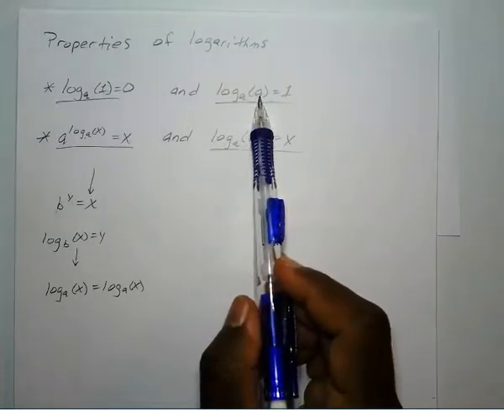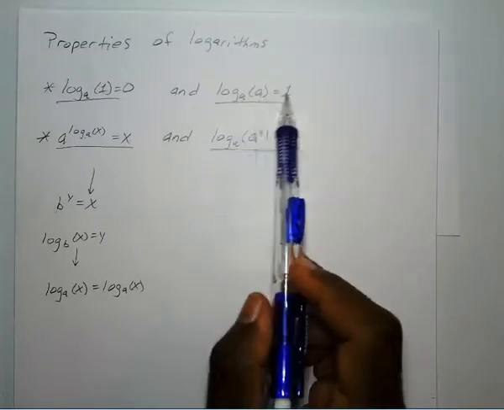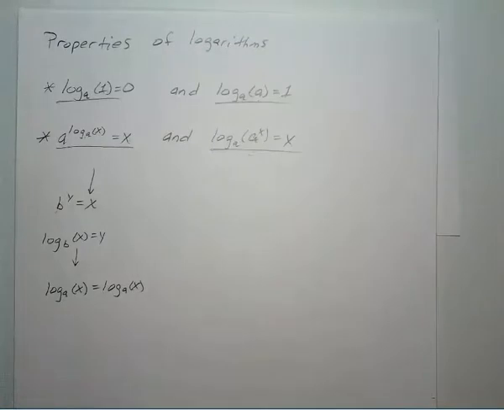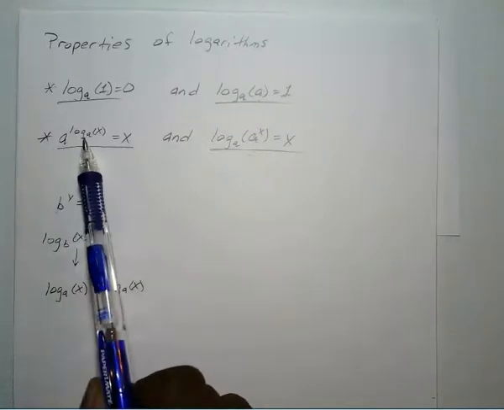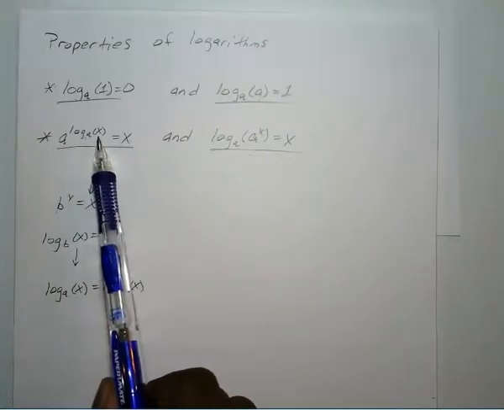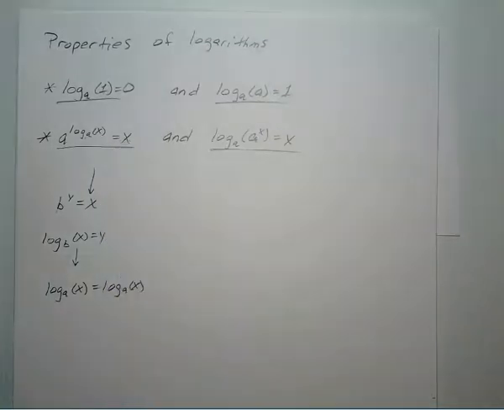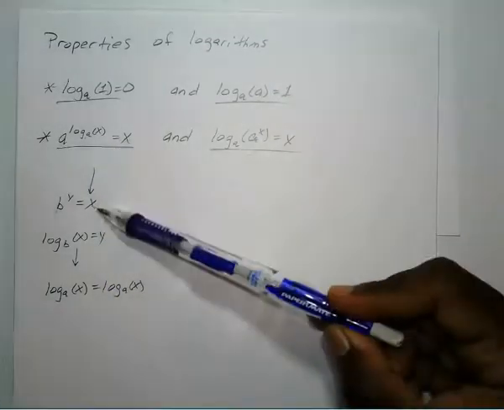Log base a of a equals 1, or a to the power of 1 equals a. You don't have to memorize these, it's just something that's handy to know. So by all means, don't worry about memorizing them. Okay, so a to the power of log base a of x equals x. And the proof of this is right here.